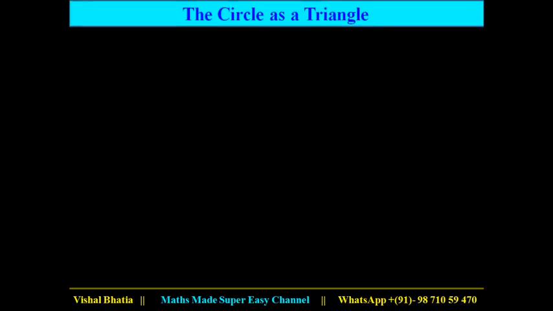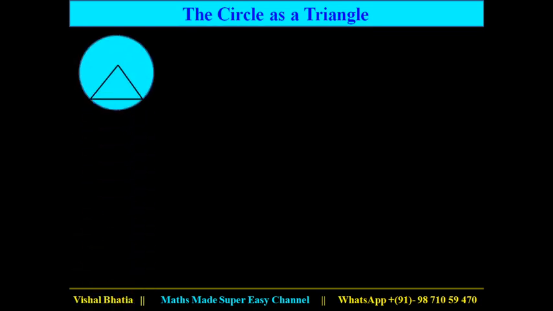Let's move forward and find out why the circle is actually a triangle. Supposing we have a circle and the two radii, and at the bottom we join the tips of the radii where the radii actually meet the circumference of the circle. So we get a triangle, and this is an isosceles triangle because two sides are the same.